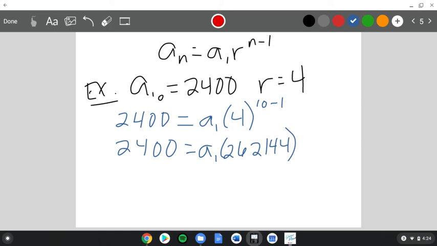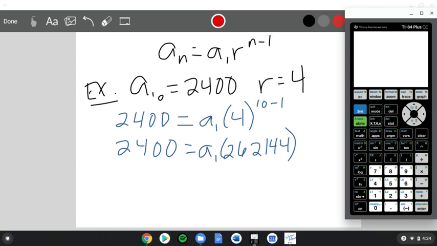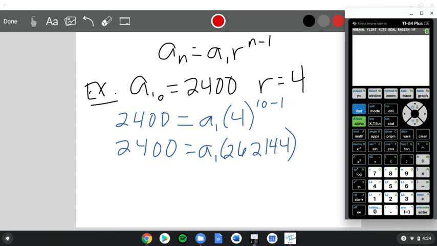And then divide. Now, a little calculator trick. Let me show you if I can get the calculator up here. So if I'm going to divide both sides by 262,144, so 2400 divided by 262,144. And we have the decimal, but we don't really want the decimal for these sequences. We don't want to round.